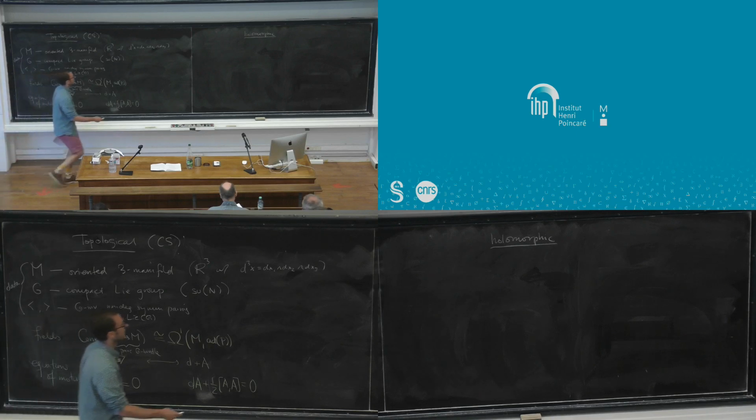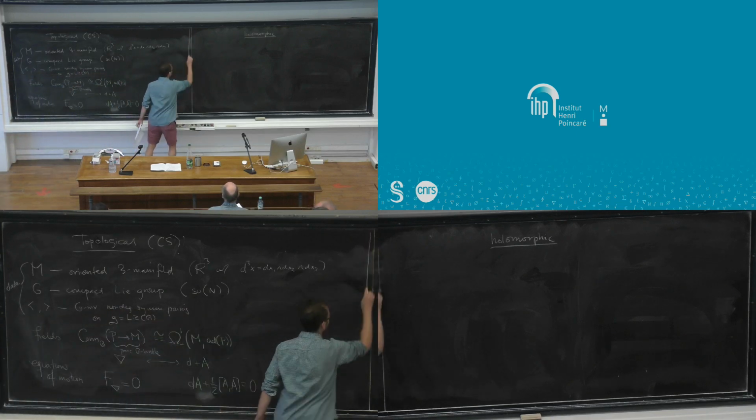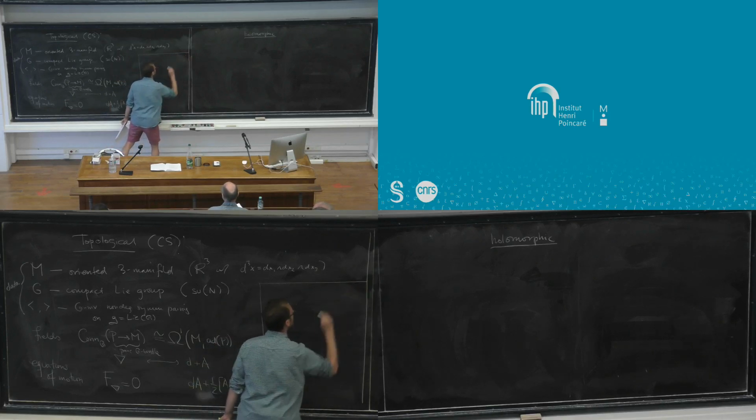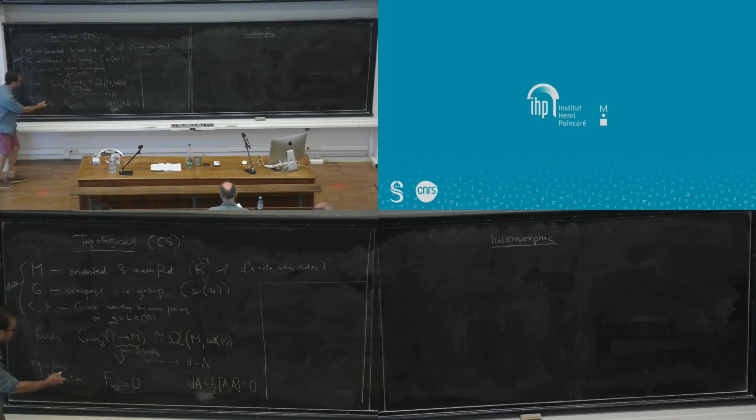And let me give a kind of moduli theoretic description of what I think Chern-Simons is about. So it's a zero curvature equation.